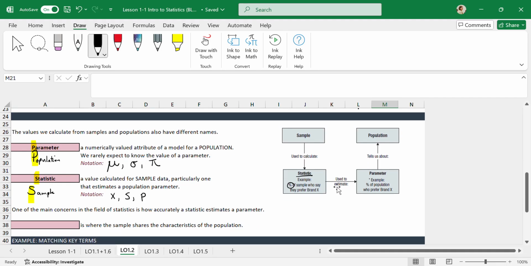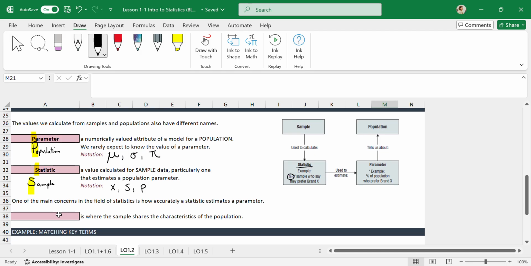In order to make this estimate accurate, so that the statistic accurately represents the parameter from the population, so that we can use our sample data to guess at the population data, you want something that's called a representative sample. A representative sample means that your statistic accurately represents the parameter from the population.